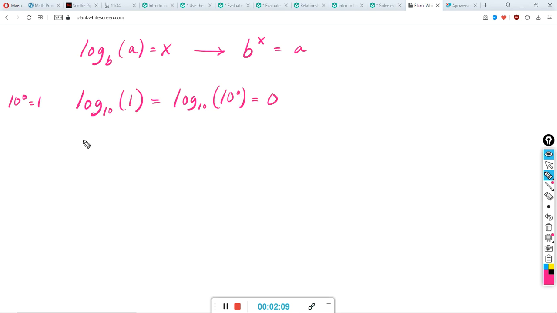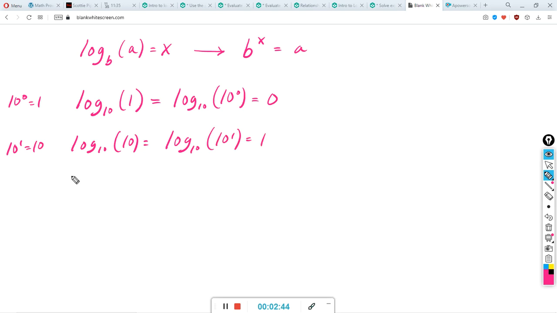Then let's go up by a multiple of 10. Log base 10 of 10. Well, we know that 10 to the first power is just 10. So in place of 10, I'm going to write 10 to the first power, and we can see the exponent here is just 1.